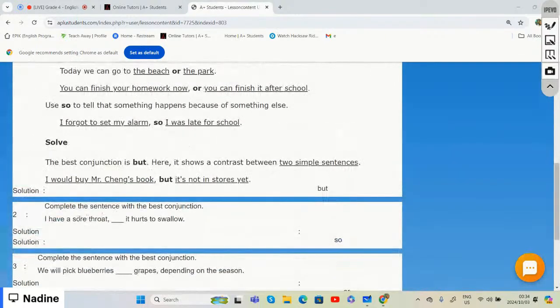All right, let's look at the next one. I have a sore throat. It hurts to swallow. Do we say and it hurts to swallow?